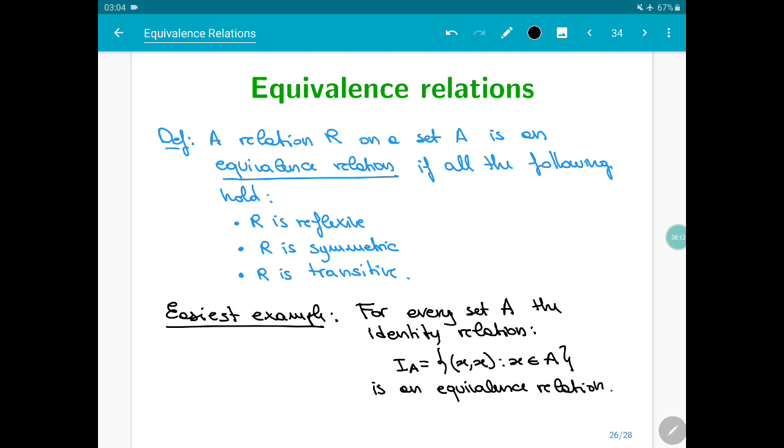Okay? So this is very trivial. Here what you're saying is that given x and y in A, x and y are in relation if and only if x is equal to y. And it is trivial to prove the properties that are stated above.